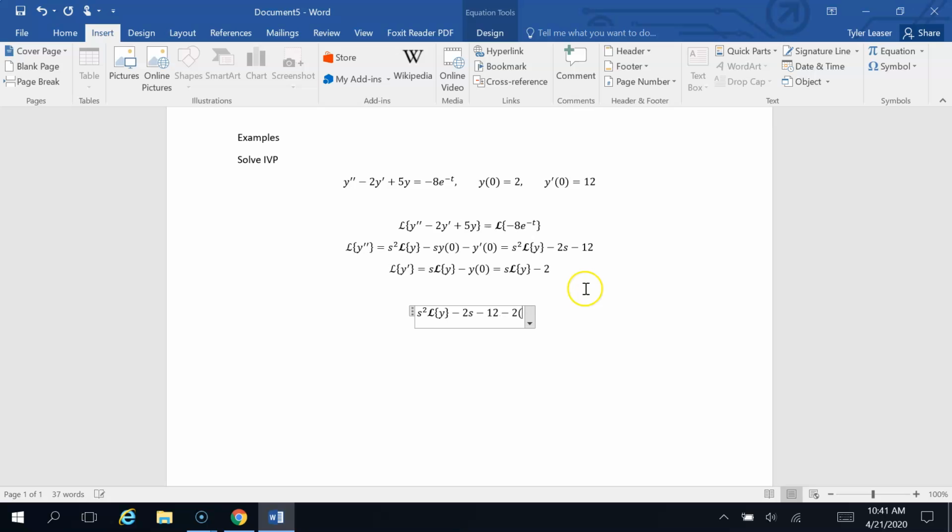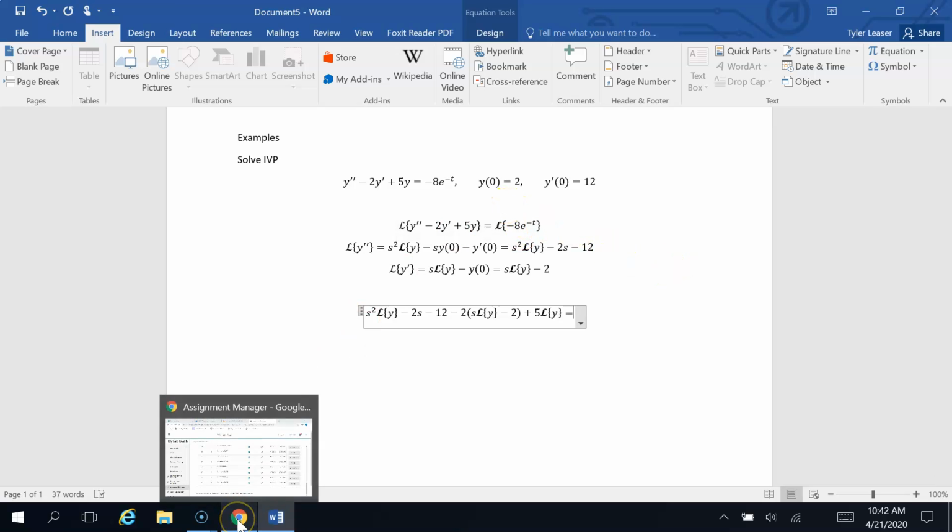So negative 2 times, and then replacing the first derivative with this, s times the Laplace of y, minus 2. Okay, and then plus 5 times the Laplace of y. And that's going to be equal to the Laplace transformation of negative 8 e to the negative t. And remember, that is something that we're going to look at the table in the book to find. So just pulling up the table here.